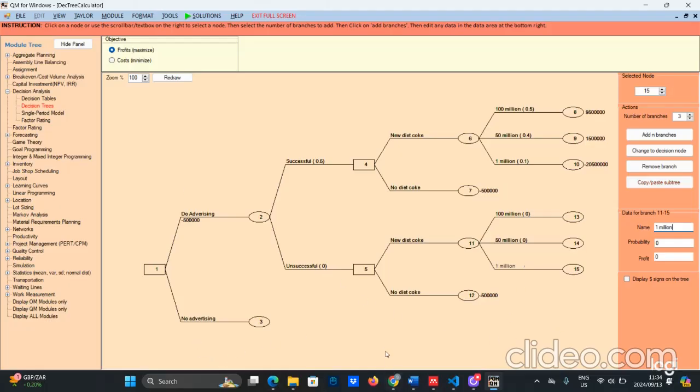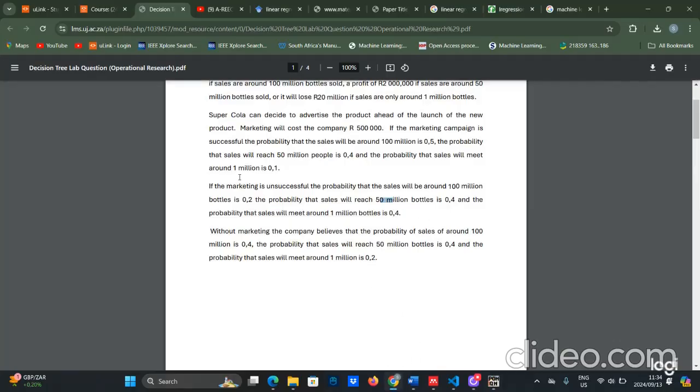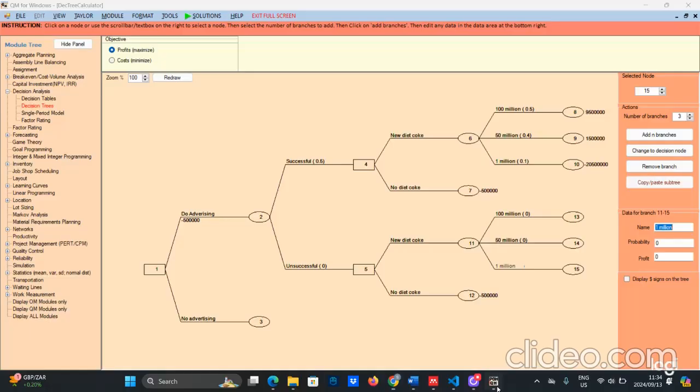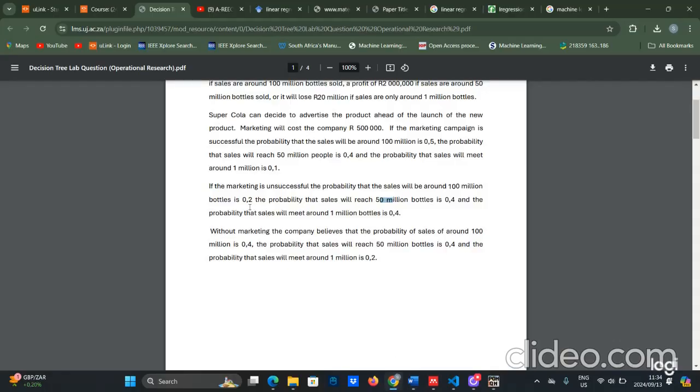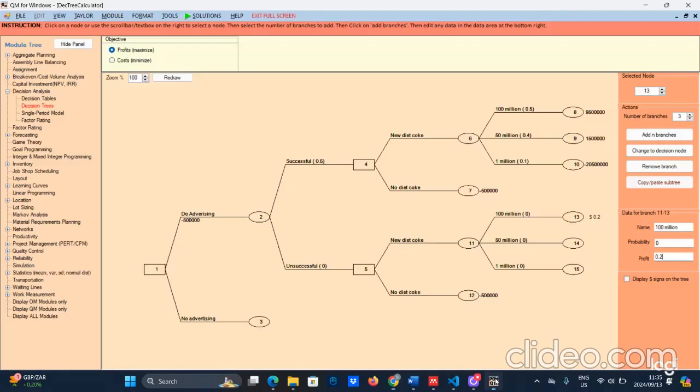And then here, they're saying if the marketing is unsuccessful, the probability that they'll sell 100 million bottles is 0.2, which means our probability here will be 0.2. And then if they sell 50 million bottles, the probability is 0.4, given that the marketing is unsuccessful.